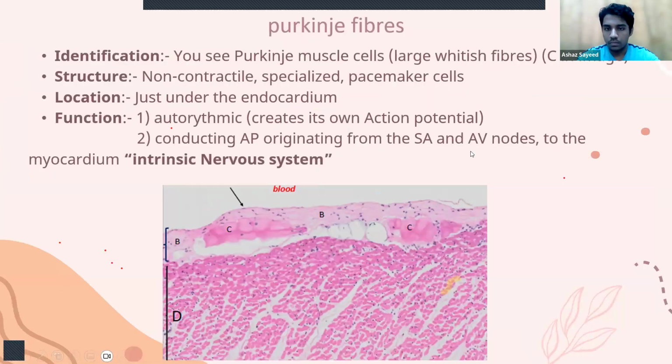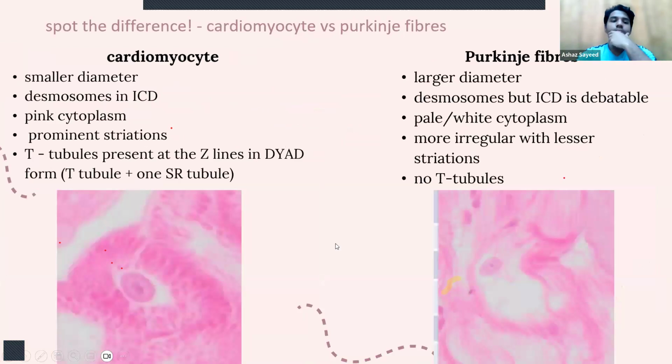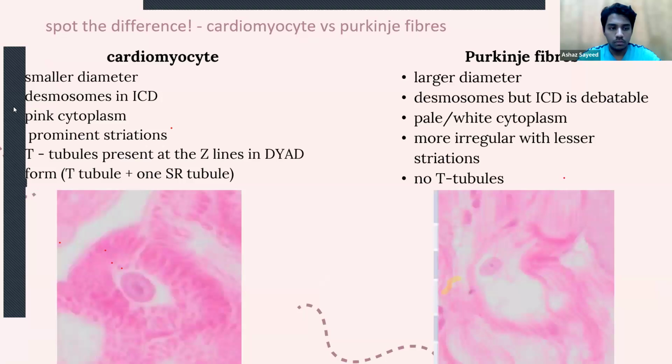So now, again, another spot the difference between cardiomyocyte and a Purkinje fiber. Cardiomyocytes are usually smaller in diameter. They're much more compact.